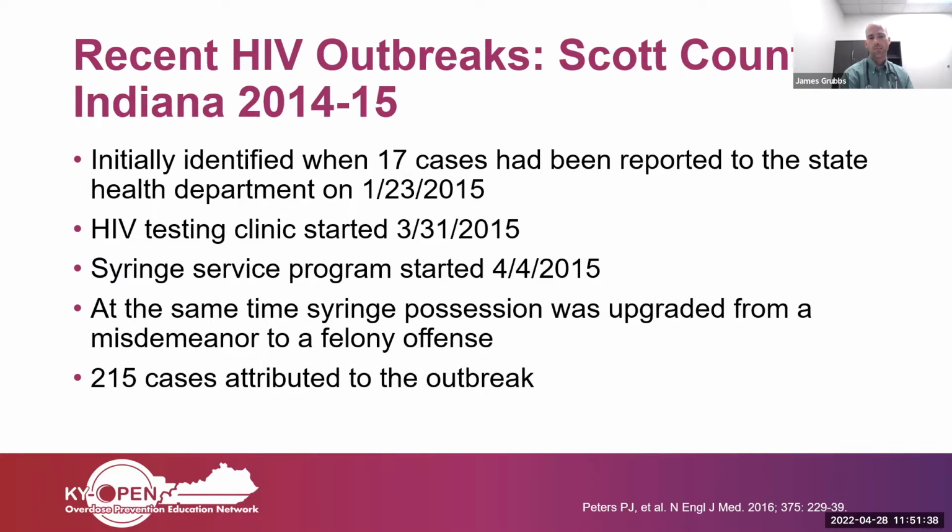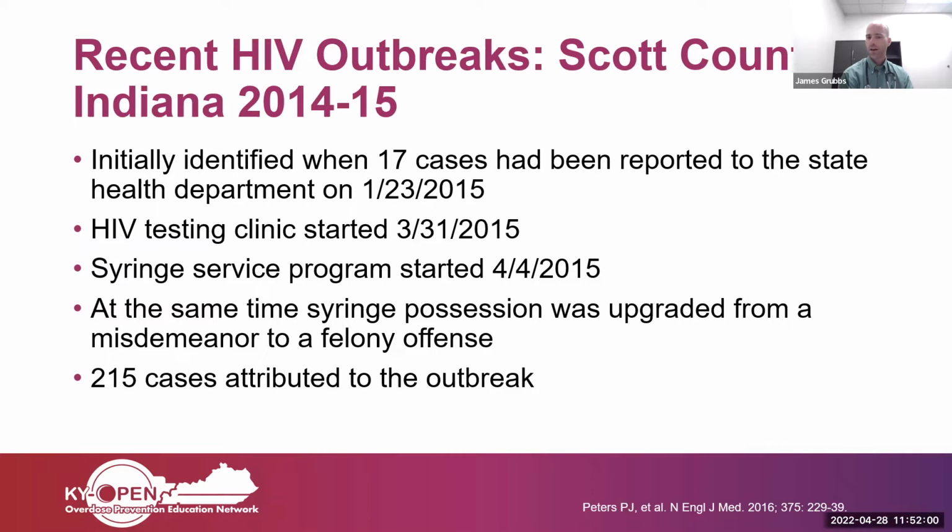At that time they started to scale up HIV testing and a syringe service program, but mixed messages were sent out from the government, where they started this syringe service program but at the same time upgraded syringe possession from a misdemeanor to a felony offense.